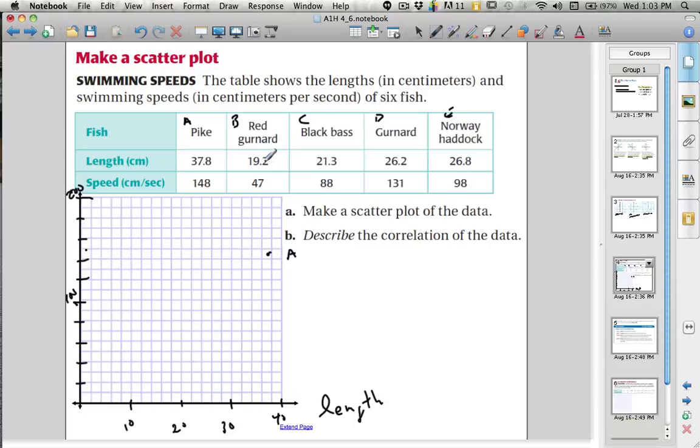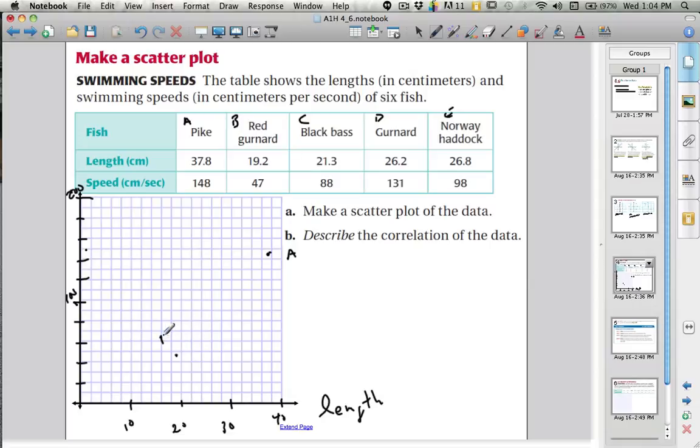So this red Gernard is just about 20, right, 19.2, so right about here, and 47. So there's 20, 40, 47 would be right about there, almost to 50.